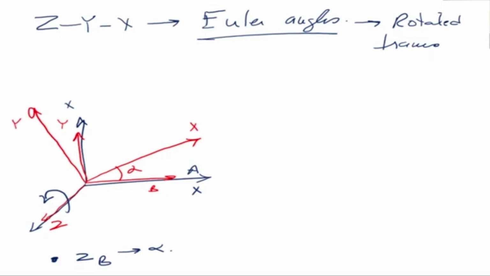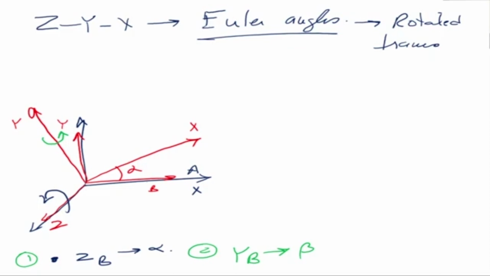In the second rotation, we are going to rotate about the Y axis. So it is Z, Y: rotation about Y of B by an angle beta. Y axis is here now.